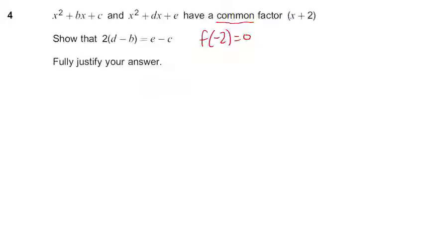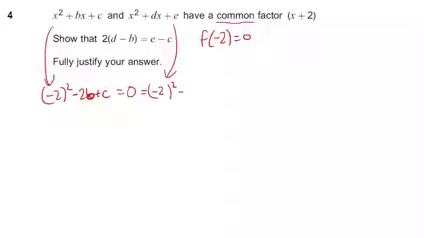So we can say for the first function, if we substitute in minus 2, we get minus 2 squared minus 2b plus c, and that's equal to 0. And in the other function, we've got minus 2 squared minus 2d plus e, and that's equal to 0 as well.